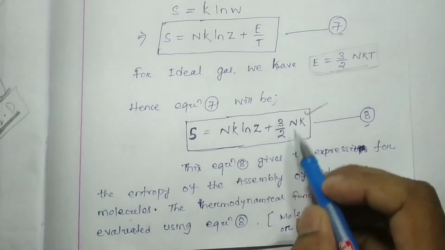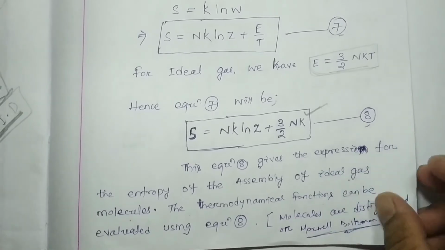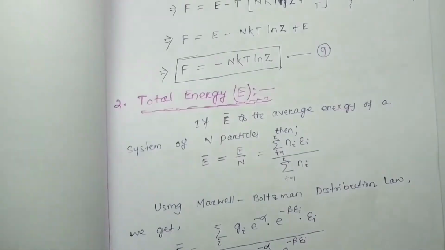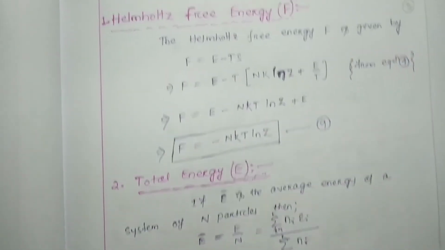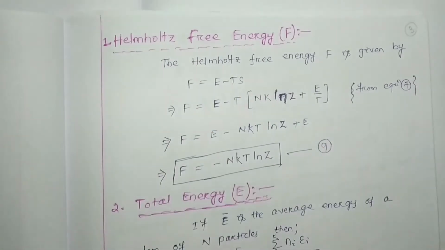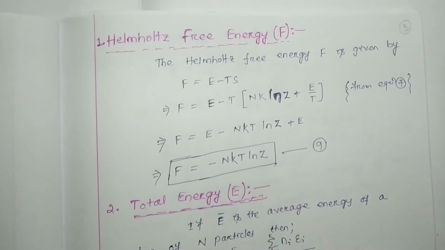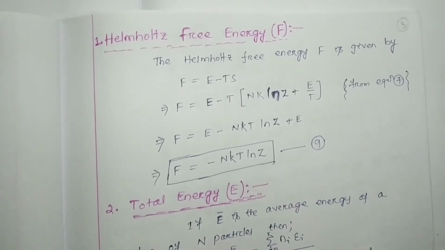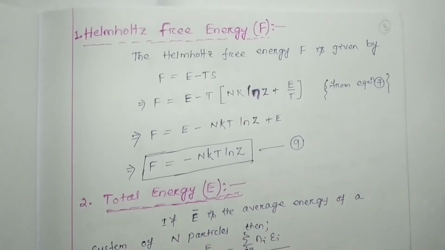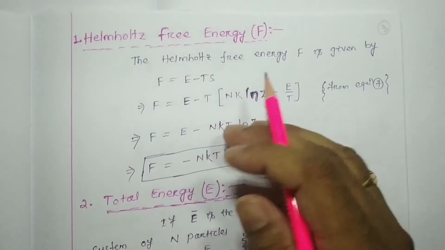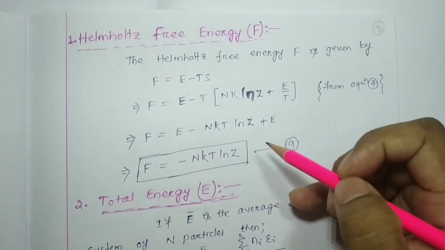Now we are going to use this expression to find the different thermodynamical quantities or functions. First one is the Helmholtz free energy. I suggest that you pause the video and write down your notes carefully, which will be useful for your exam purposes.